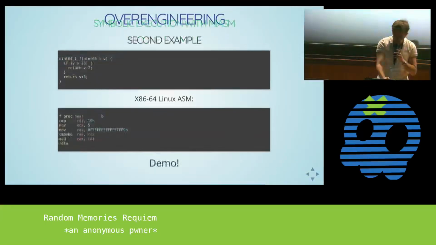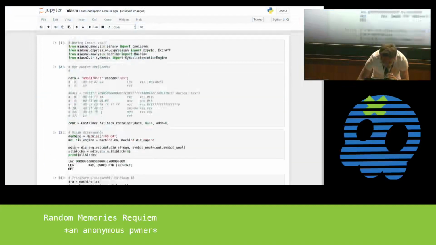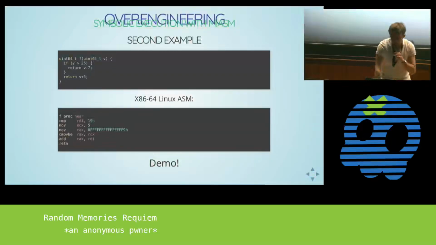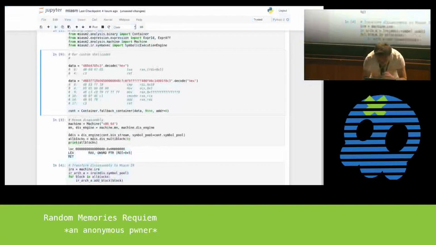Now let's see how we can make this symbolic expression with branches, because we have branches. So here is a second, more complicated example. If we compile this with Clang or GCC, it will optimize this with a CMOV because it's better anyway.